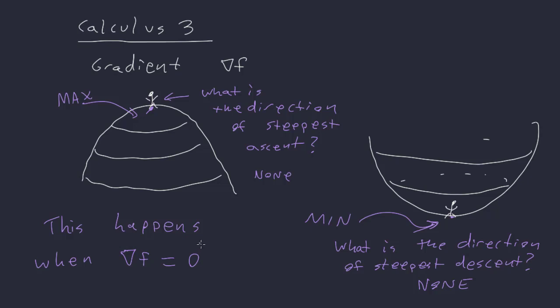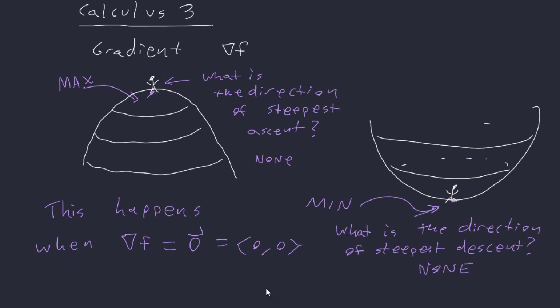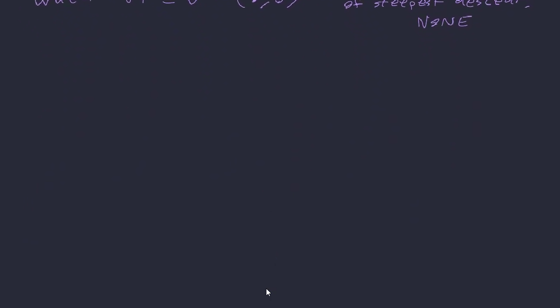And we have to be a little careful here. This happens when the gradient equals the vector 0, 0. Let's see why that is. Let's look at a fairly simple example where we could just tell right off the bat what's going on.